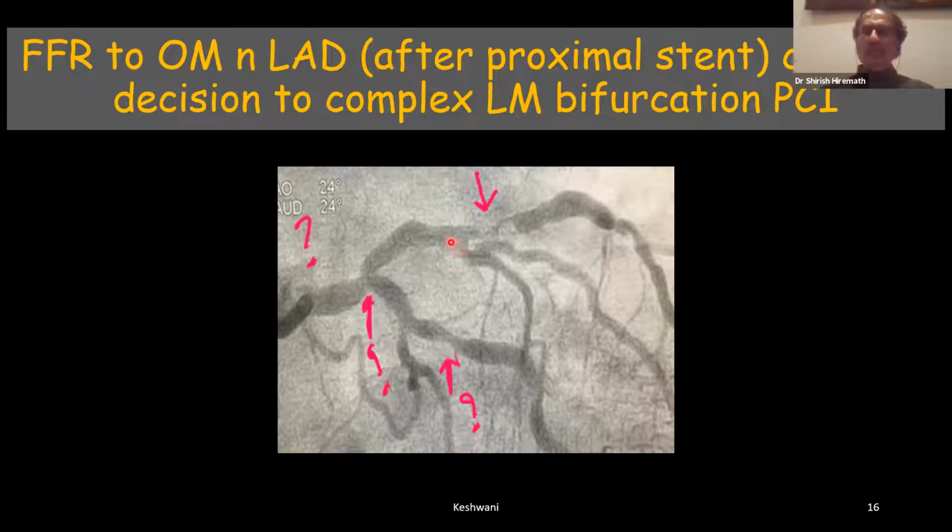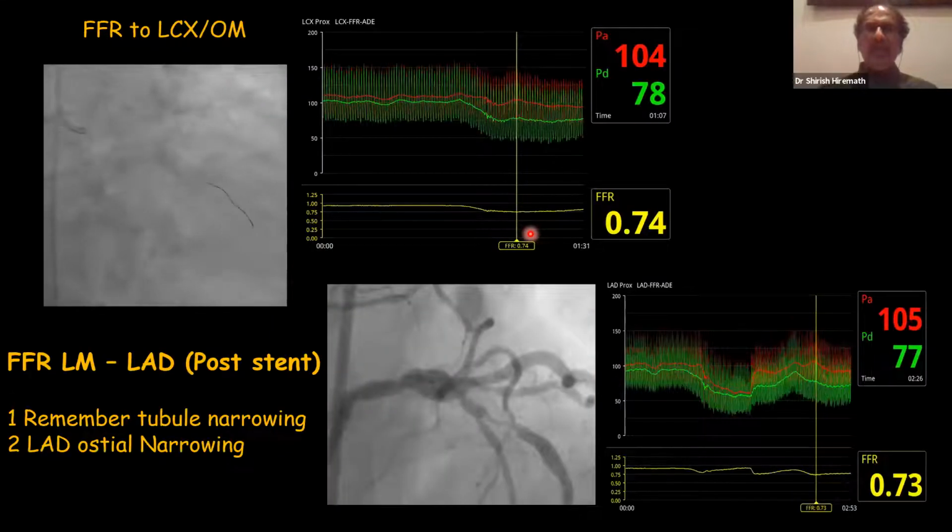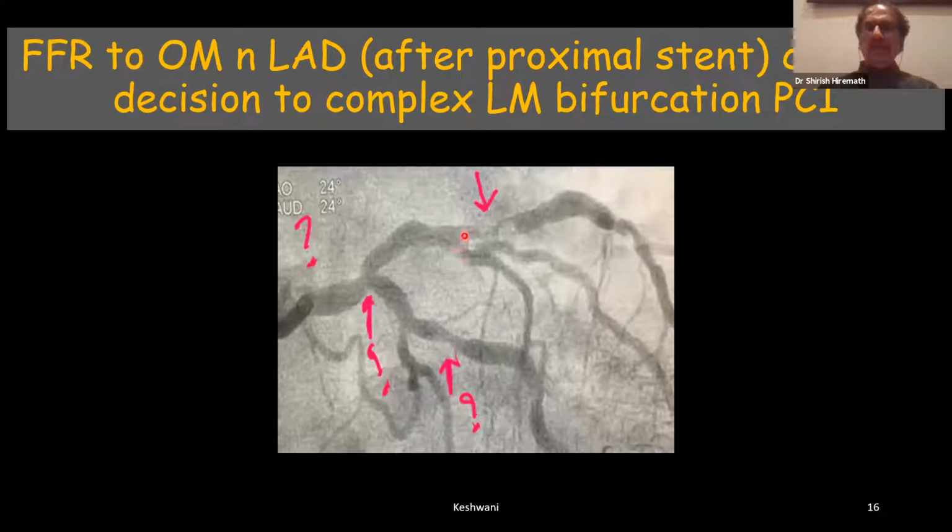So what we did is put a stent here, and after putting a stent, we applied physiology by doing an FFR. When you put the FFR wire in the LAD, the FFR as shown here was 0.73, and the FFR in the circumflex was 0.74, which meant that the artery flowing towards circumflex and towards LAD, both are still showing significant narrowing despite a stent in this area.